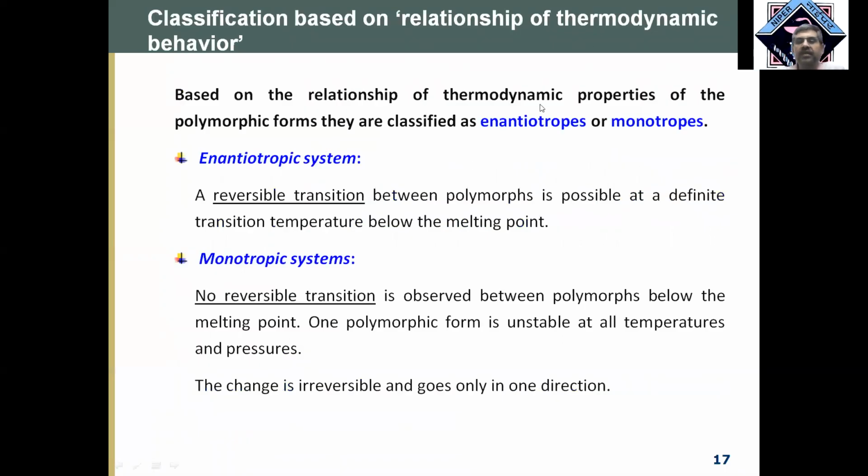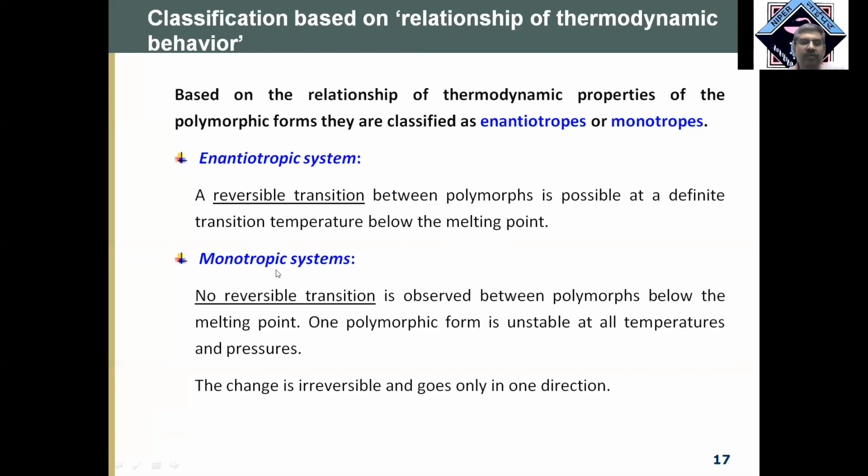Based on the relationship of thermodynamic properties of the polymorphic forms, they can be classified either as enantiotropes or monotropes. Enantiotropic systems are characterized by a reversible transition between polymorphs at a definite transition temperature below the melting point.